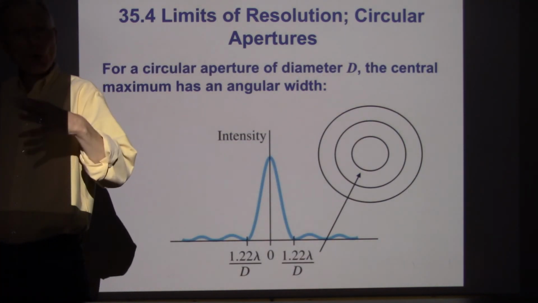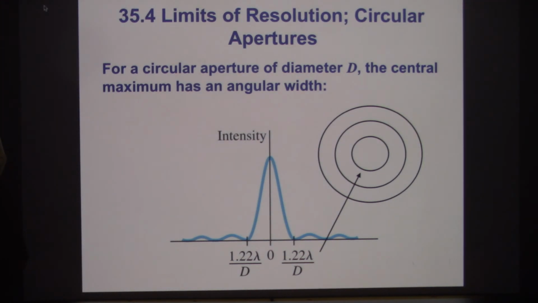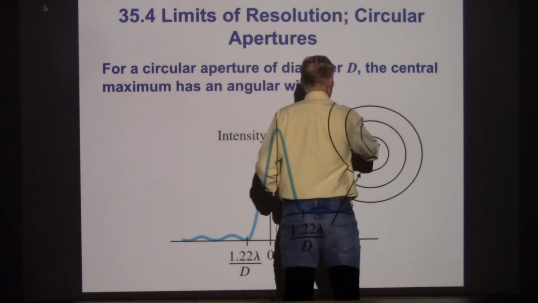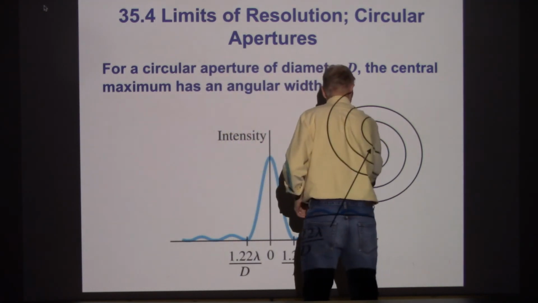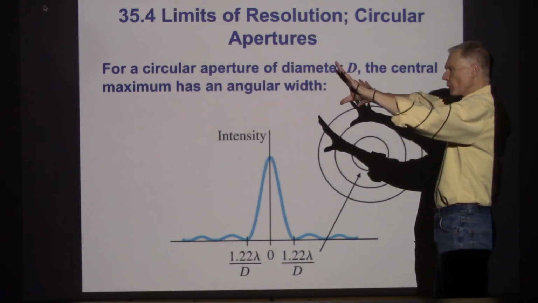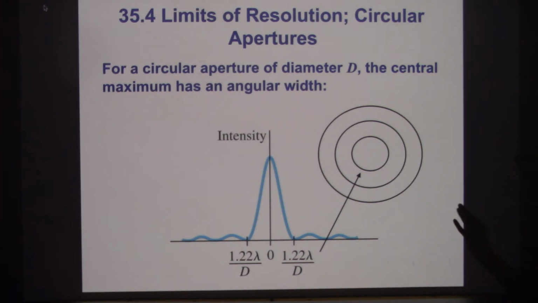Now if I have an opening that is circular, so instead of a slit, I have a small circular opening, then the diffraction pattern that we end up with looks circular in nature, makes sense. So it goes through a thin circle and then it spreads out, but because the opening, which is called the aperture, is a circle, it's symmetric, so the intensity pattern will also be symmetric.